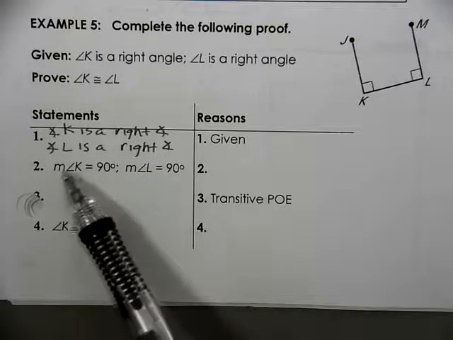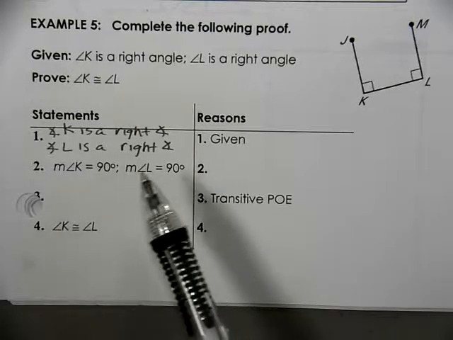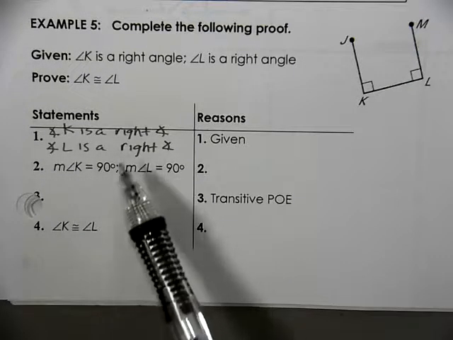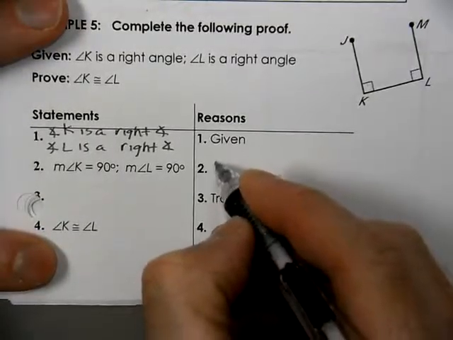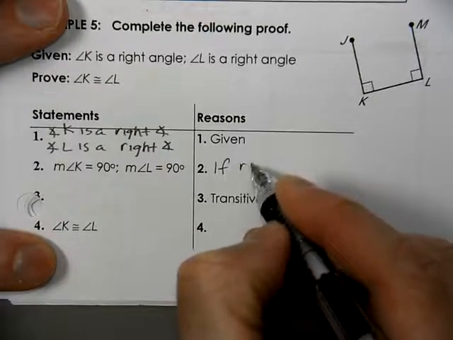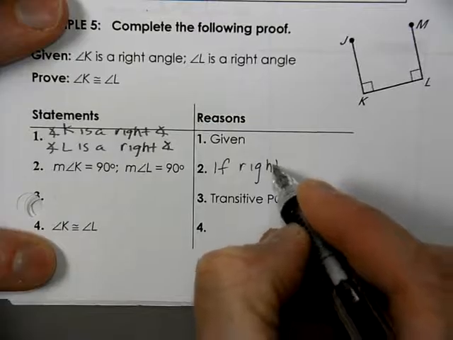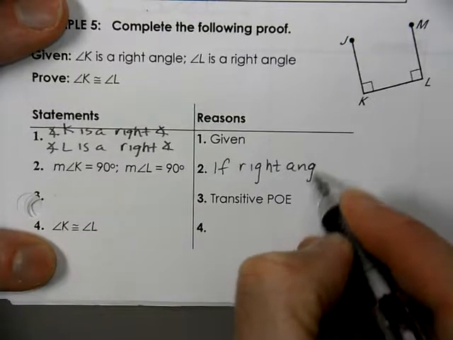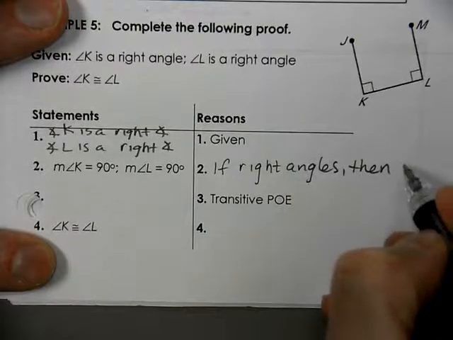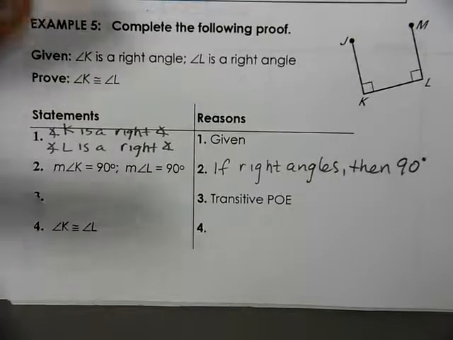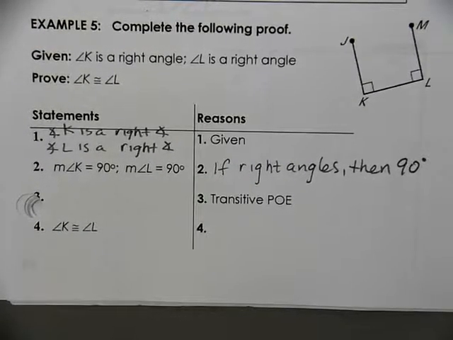Now we're going to say that the measure of K is 90. Where does that come from? How do we know that the measure of K is 90? If right angles, then 90 degrees. Right angles mean that their measure is 90.